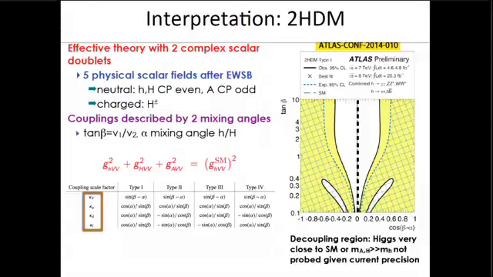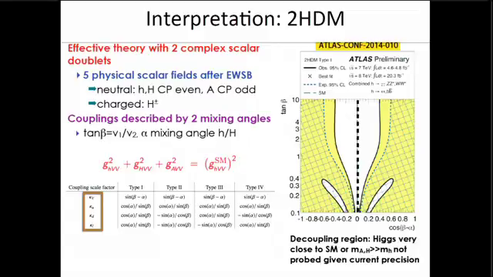So you can see that there is a relation between these parameters, tan beta and alpha, that is the mixing angle between the two scalar Higgs, and the parameters that we just constrained.